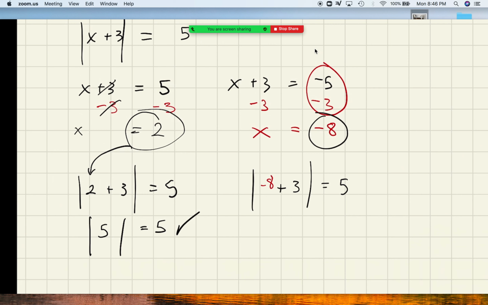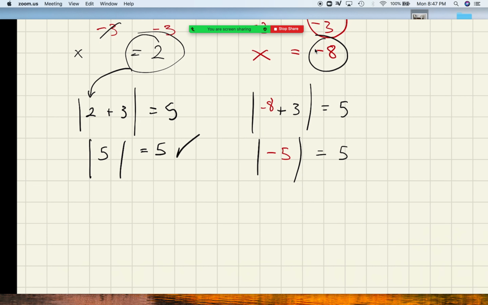And then -8 plus 3 comes out to be -5. And then I still have the absolute value afterwards, because remember, you do the inside stuff first. So -8 plus 3 is -5, but the absolute value of -5 gives you regular 5 anyway.